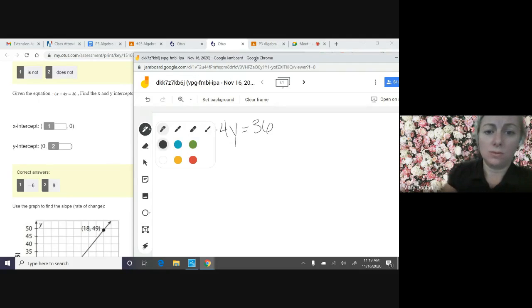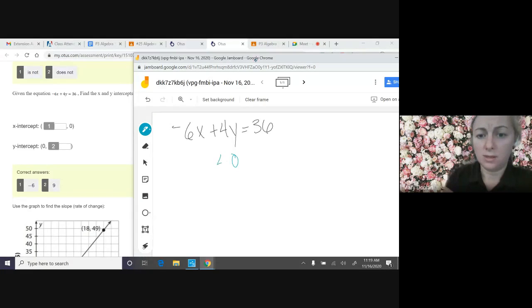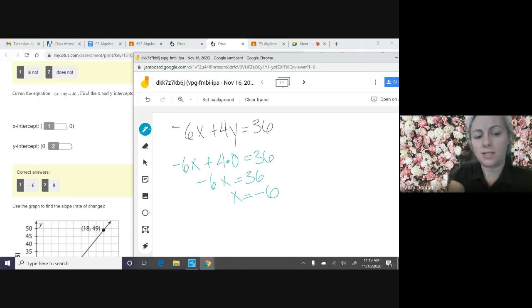So I replace the y with 0, and I multiply it by 4. That term just drops out. And so I end up with negative 6x equals 36, or x is equal to negative 6. Okay, and that's why number 1 is negative 6.